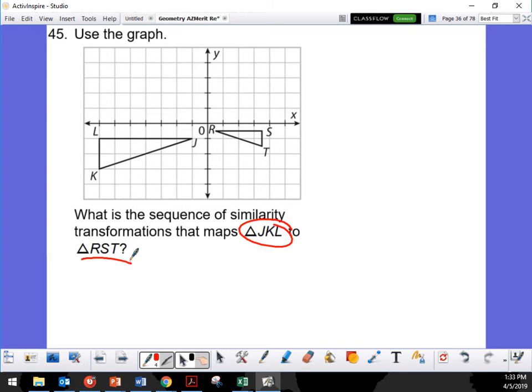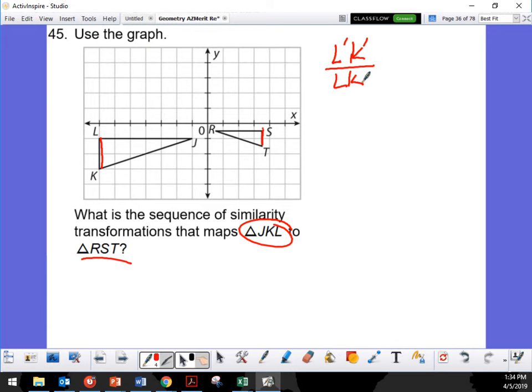So now let's figure out the values though. Watch this. This one right here is how much? This one right here is 1. So the way that we normally do this, when they have the same letters, would look like this: if it was LK, it would be L prime K prime divided by LK.